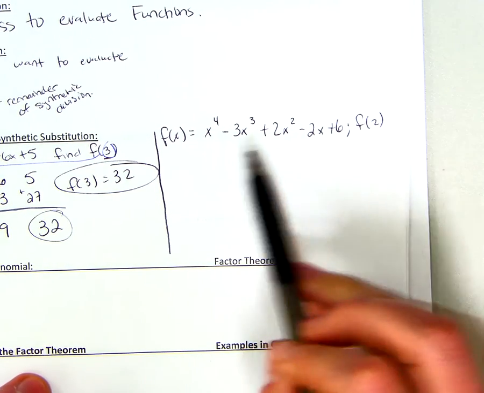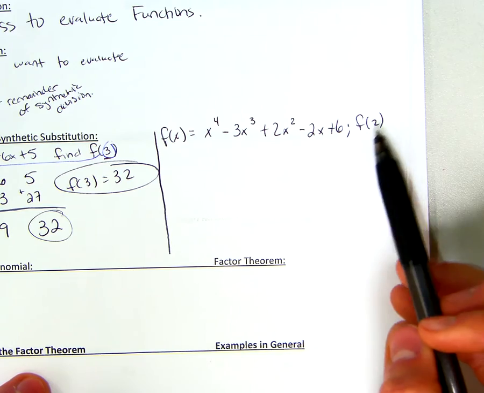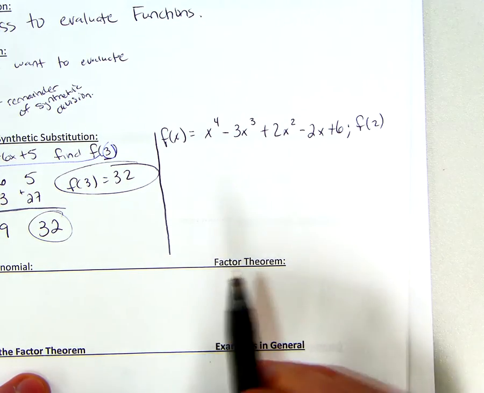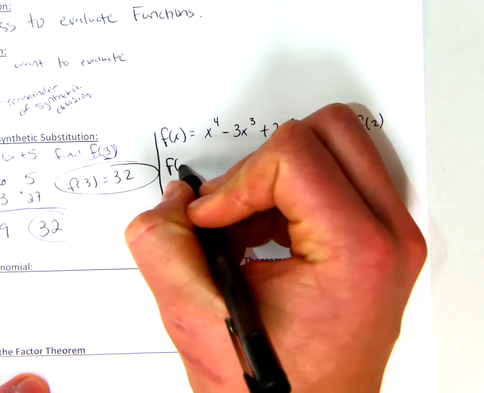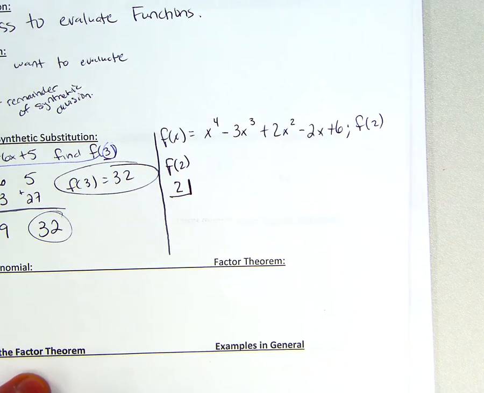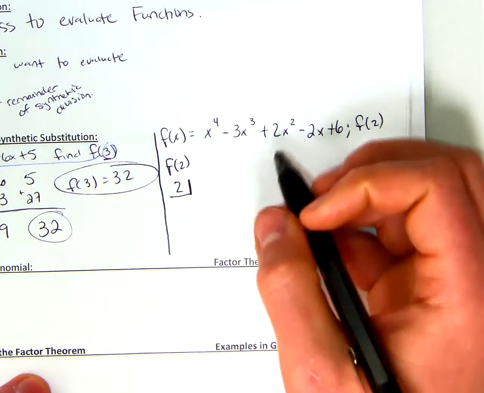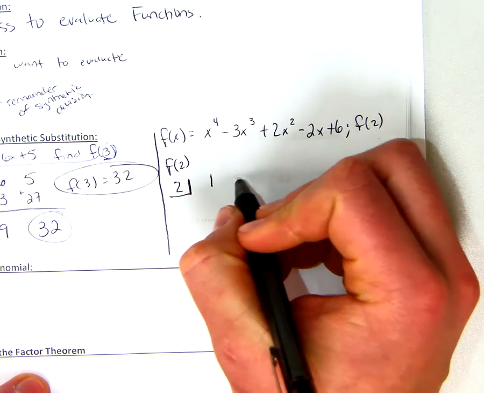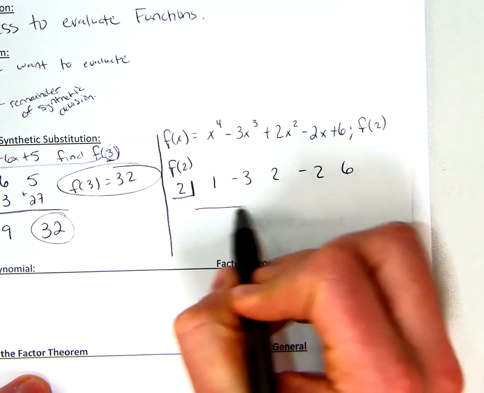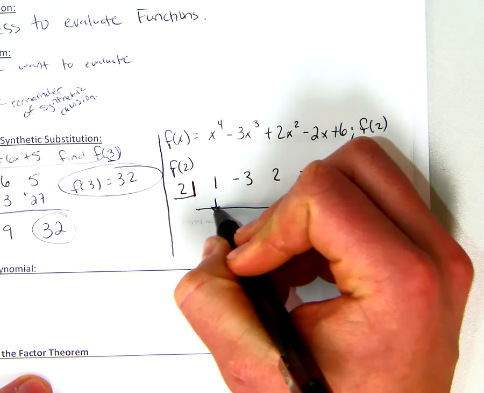All right, so here's the polynomial, and I want to find f of 2 when x is 2. So, backwards L again, I have the 2. And then I have 1, negative 3, 2, negative 2, and 6, right down there. And again, it's the same process.